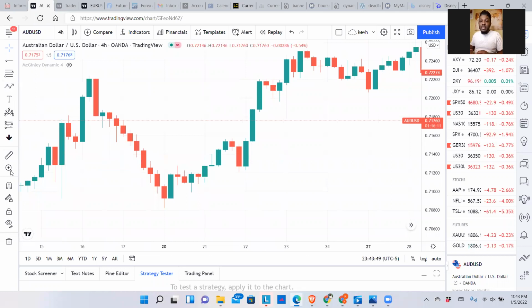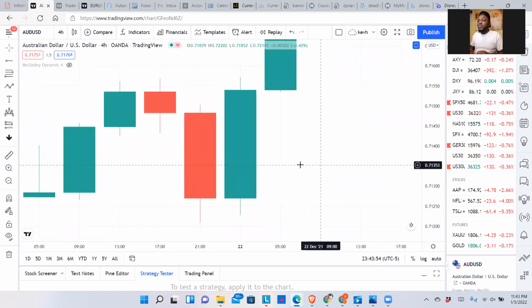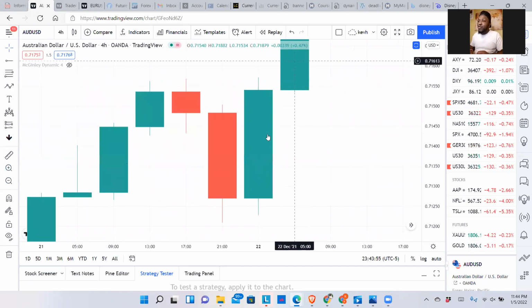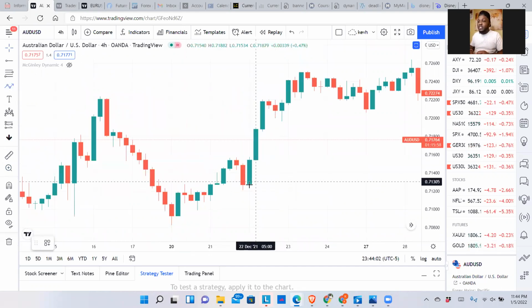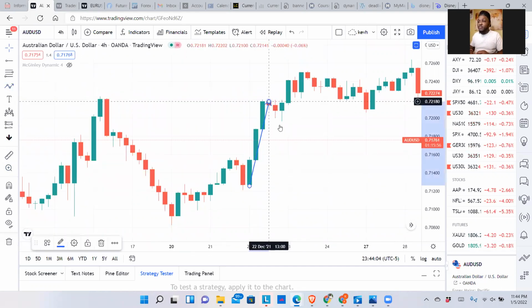This area right here is where we see before the impulse, before the market made that huge impulse. What's the impulse? This is the impulse right here. That's the impulse move, right? Before the market made that impulse move, it first pushed down.